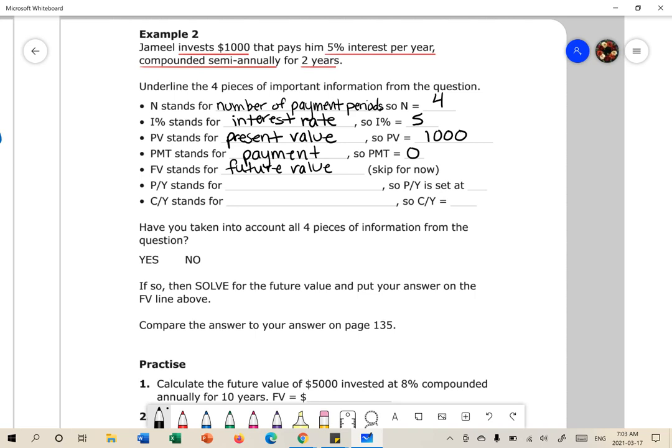PY stands for payments per year. Since he's investing one time, he pays once. And CY stands for compounding periods per year.